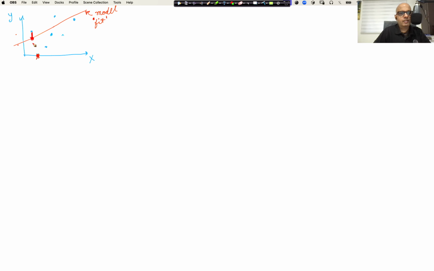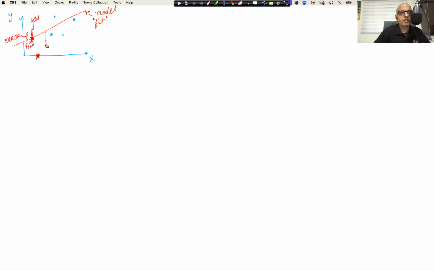So this we can think of as the predicted value, and this is the actual value of that data. The predicted value is shown here by the gray dot, and this height is the error. That's the error in predicting that point that we have up there in blue.